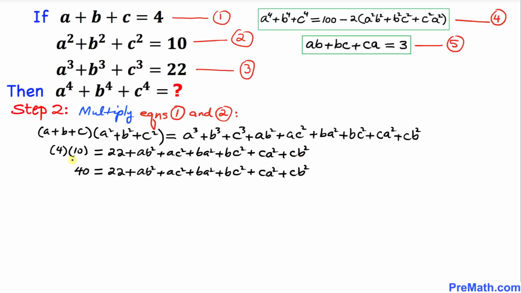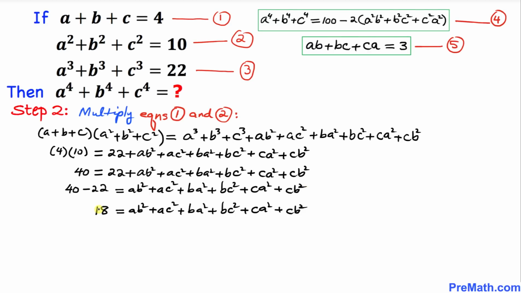And here we got 4 times 10 is 40 on the left hand side and the same quantity on the right hand side. Let's move this 22 on the left hand side, so we can write 40 minus 22 is equal to this whole thing, AB square plus AC square plus BA square plus BC square plus CA square plus CB square.